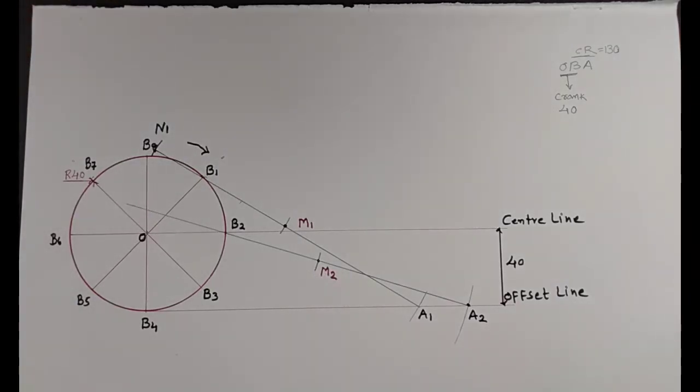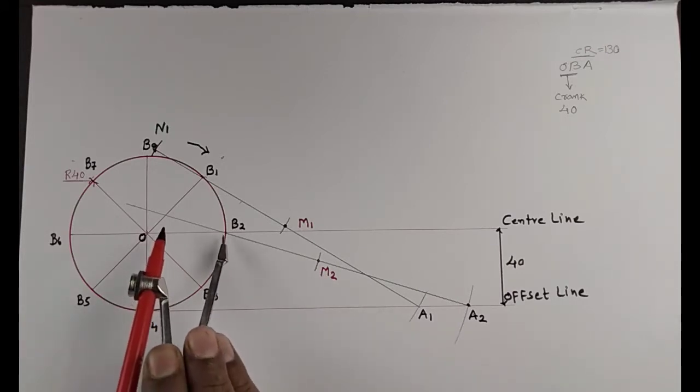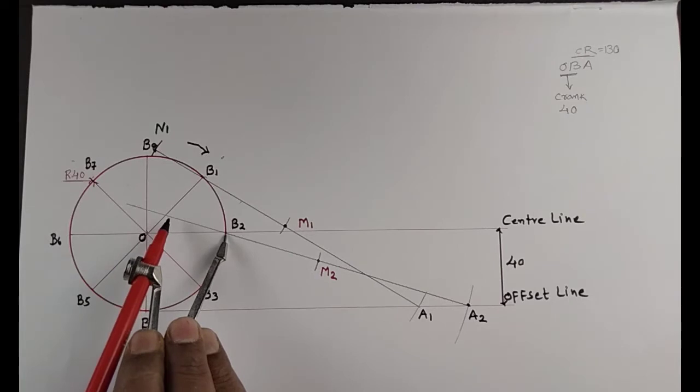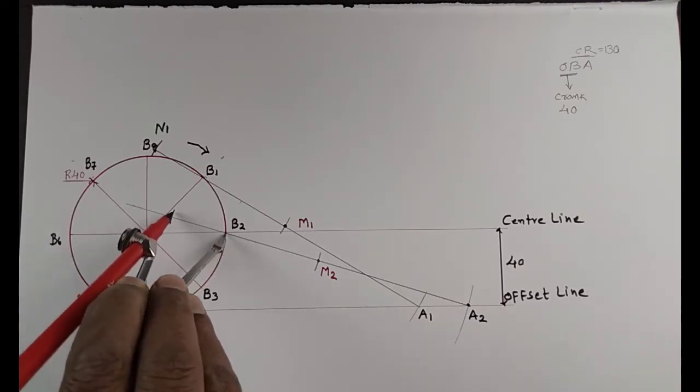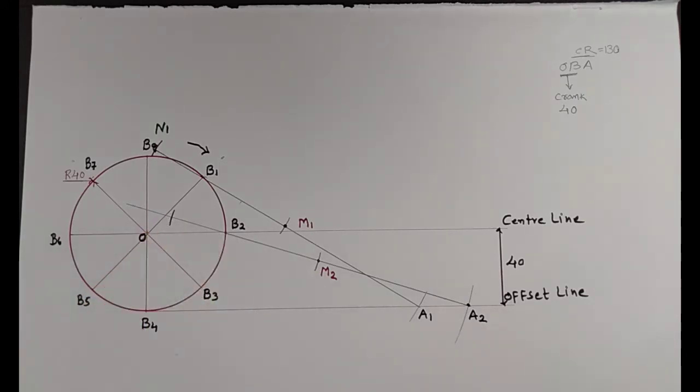Similarly, you have the N2 point on the same connecting rod position B2 A2, but your N2 point is on the extension of the connecting rod in the A to B2 direction. So for that I choose B2 as the center, 30 mm radius, and I draw the arc on the same extension of the connecting rod.